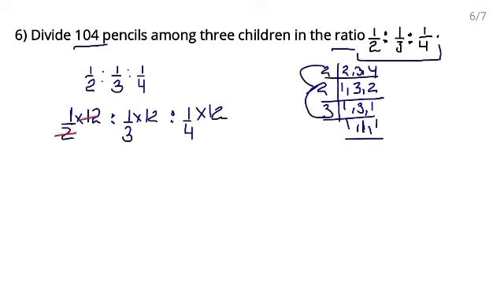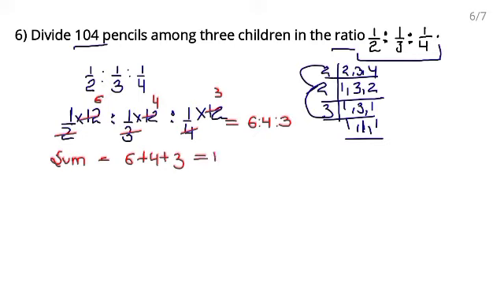Now 2 6s are 12, 3 4s are 12, 4 3s are 12. So now your ratio is 6:4:3. The sum of the ratio is 6 + 4 + 3, which is 13.